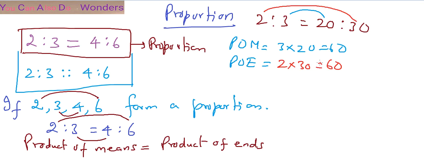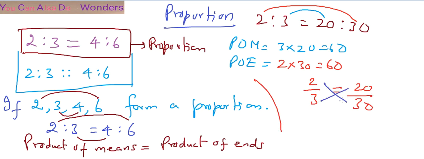So product of means equal to product of ends. They can also be expressed as a ratio, so 2/3 equal to 20/30. If we cross multiply, 2 into 30 equal to 3 into 20. So 60 each.